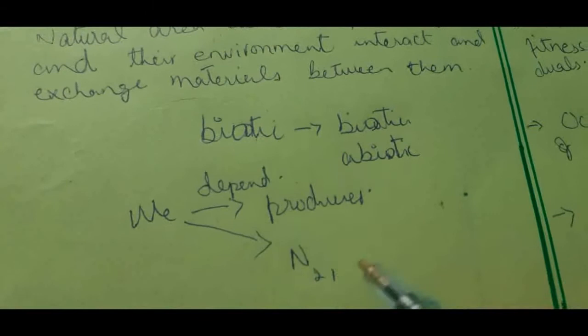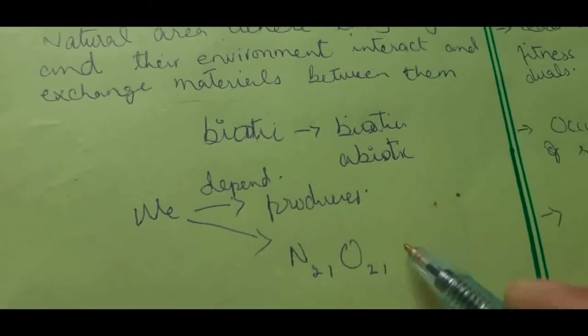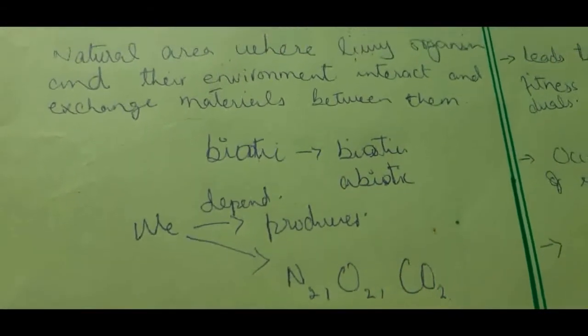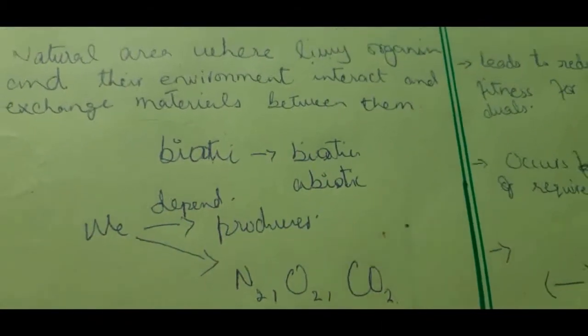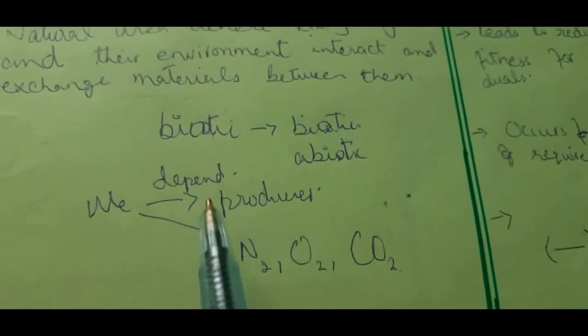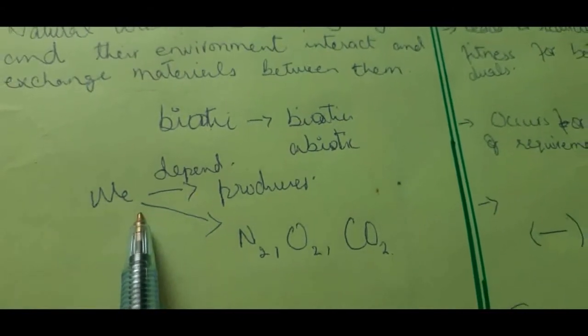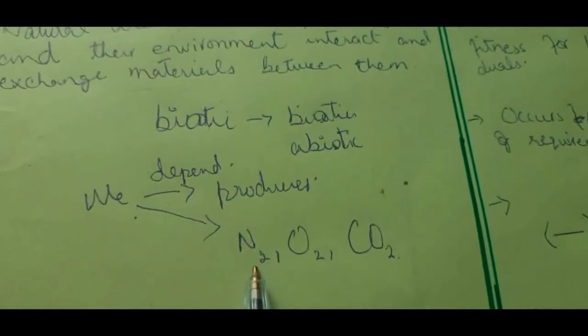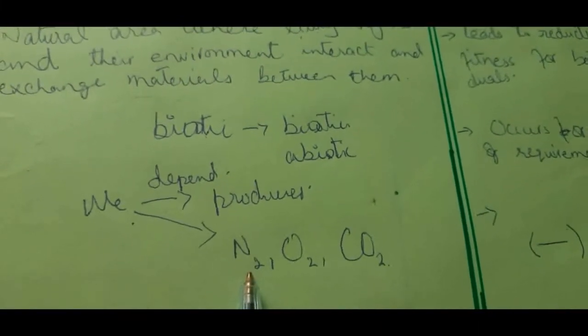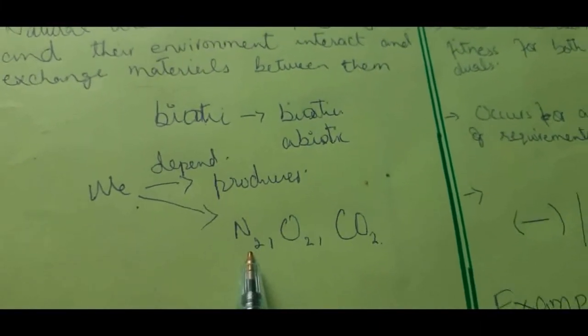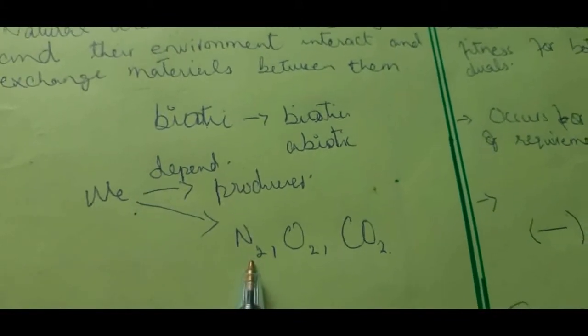That is, nitrogen is present there, oxygen is present there, carbon dioxide is present there. We do depend on all these things. So that is the dependence of living organisms on the abiotic factors. Sometimes we can survive in the temperature, and sometimes when the temperature increases, we could not survive there, right?